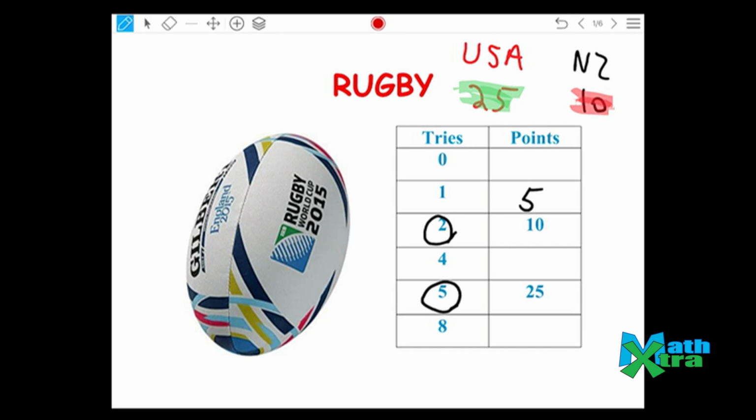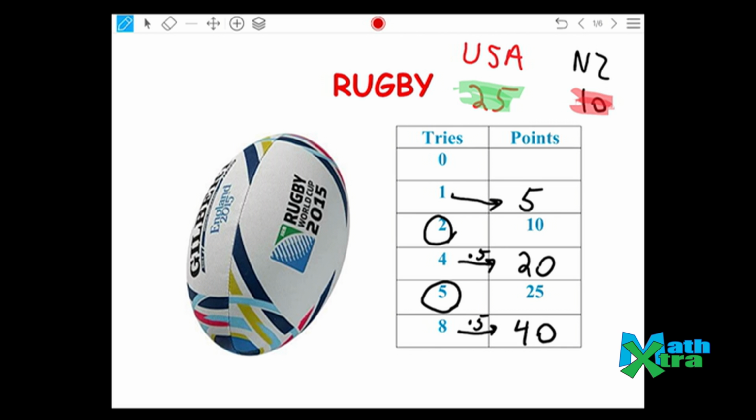Now, how much would 4 tries be worth? Well, let's see. If one try is worth 5, 4 tries would be worth 4 times 5, or 20 points. How much would 8 tries be worth? 8 times 5, or 40 points.